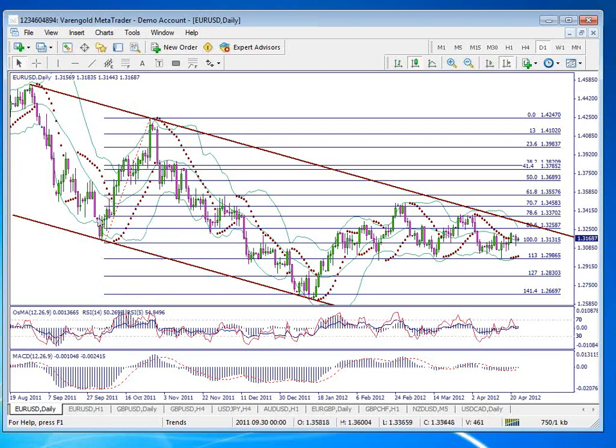I didn't mention that for each of those waves we had also signals from RSI and MACD, from cross of RSI and cross of MACD. So here it was one signal for sell.